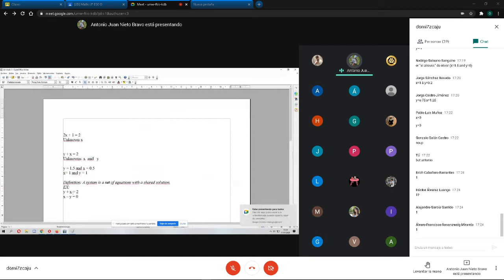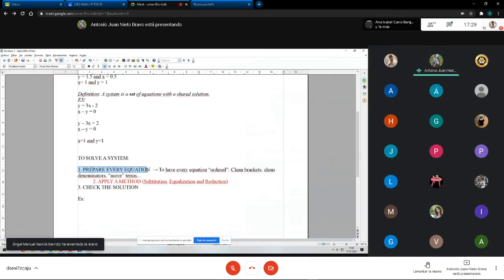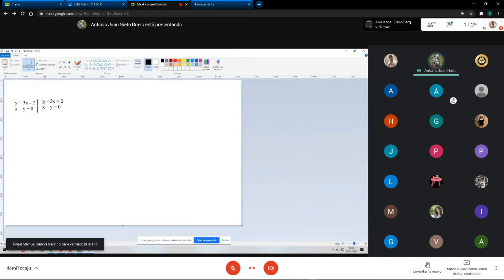I just moved a 3x to the right. I'm going to copy this. So my first step is going to be to move this 3x to the first term, okay? Questions here? I suppose you don't have any, but well, I just tell you. So now I have done step 1, okay? I have prepared every equation, so I have them ordered.